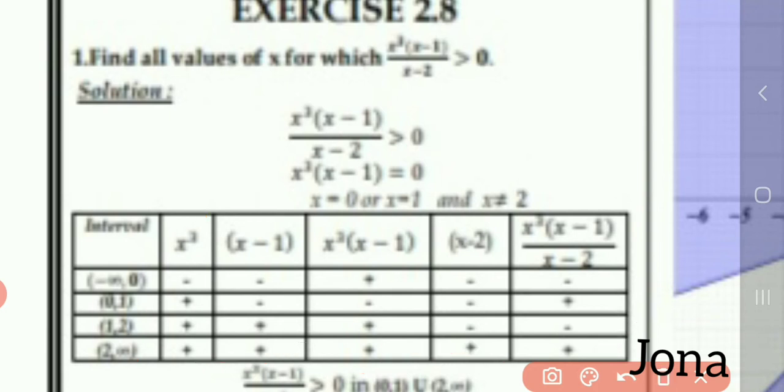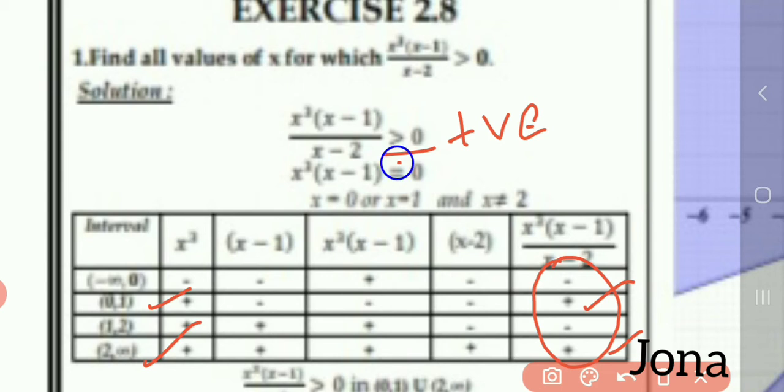Now we can see in this table in which intervals we got plus, because it's given greater than 0, we want to see the positive only. So I want to take the positive symbol here and here, in the intervals 0 to 1 and 2 to infinity.